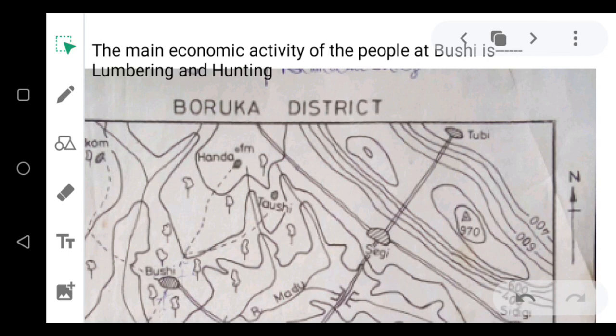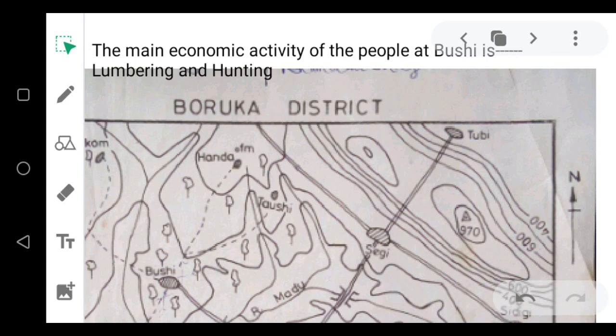So Bushi is a forested area. This will give us a clue as to what the people do. Because they have forests, they are likely to be involved in lumbering and hunting.